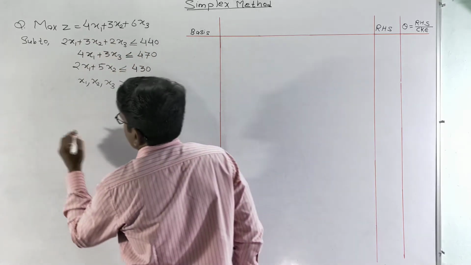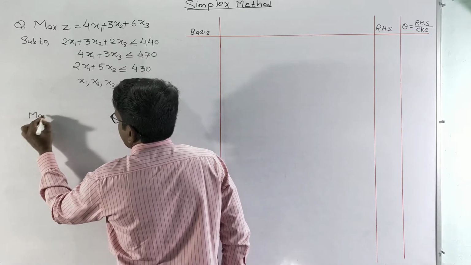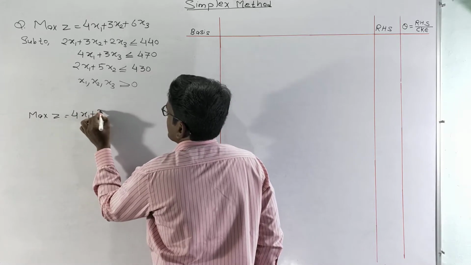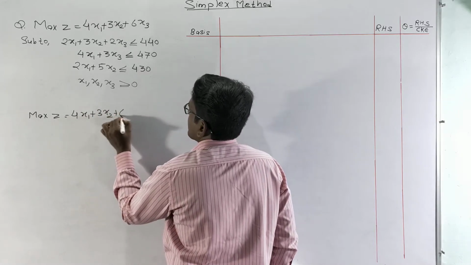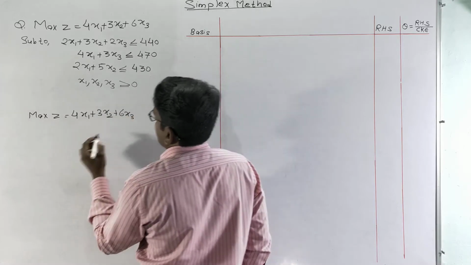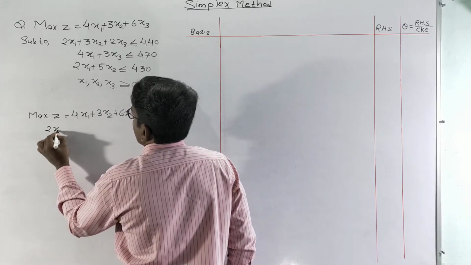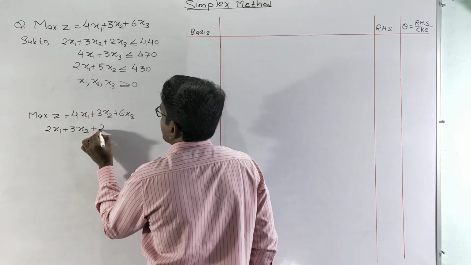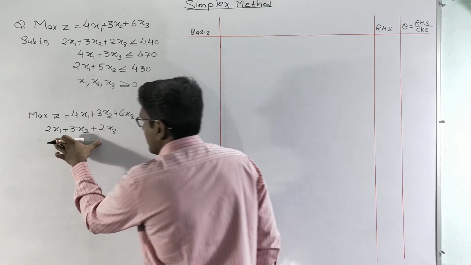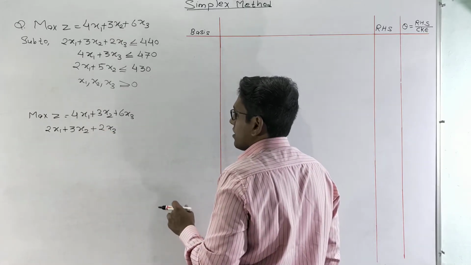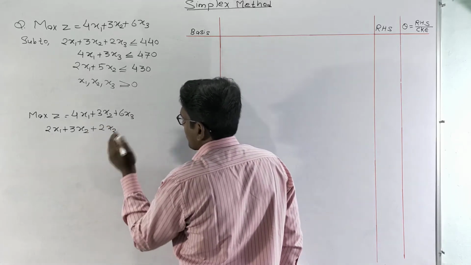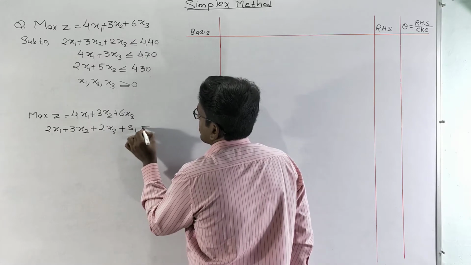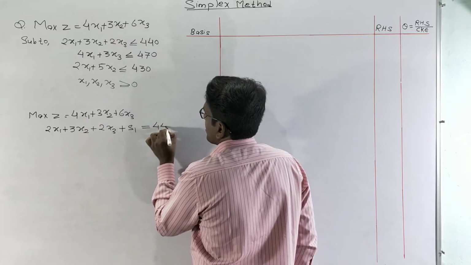So let me write here: maximize z equals 4x1 plus 3x2 plus 6x3, subject to constraint 2x1 plus 3x2 plus 2x3. This value has to be either equal to 440 or less than 440. So what we need to do here is add a slack variable s1 so that this will become equal to 440.